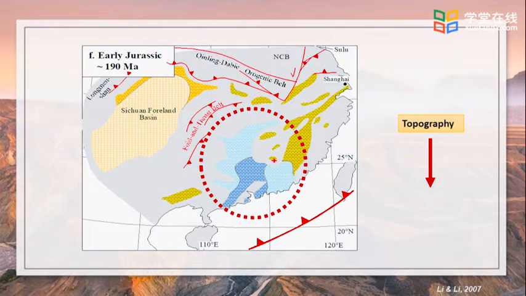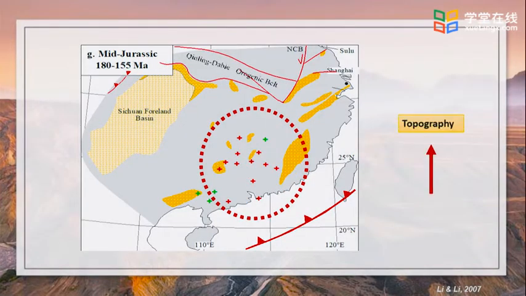However, by the time of early Jurassic, about 190 million years ago, this area subsided and received sedimentation again. According to this map, this area became a shallow marine basin during the early Jurassic.